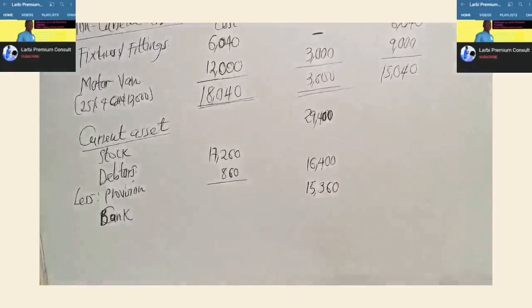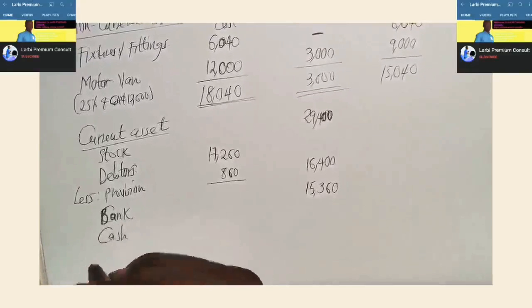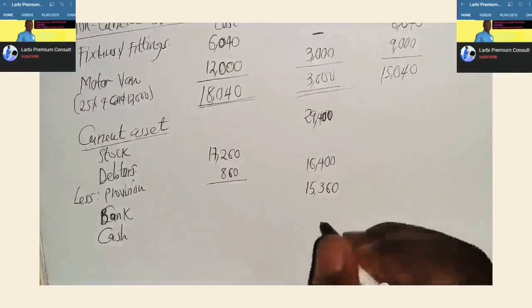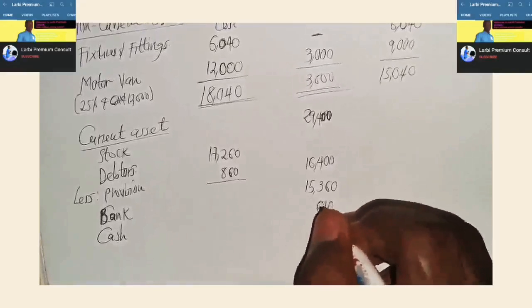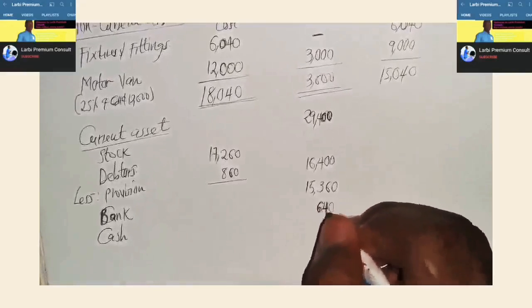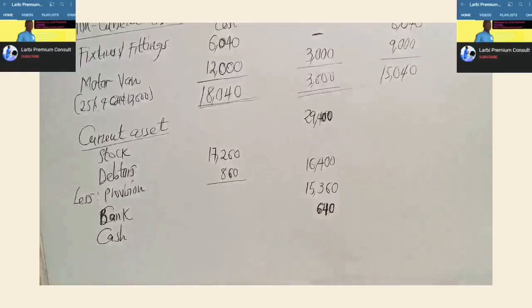You will see that it was 15,360 for bank. What about cash? Cash too, we're having 640, meaning that the business keeps less cash than bank, with most of it in the bank. So that was all for the current assets.